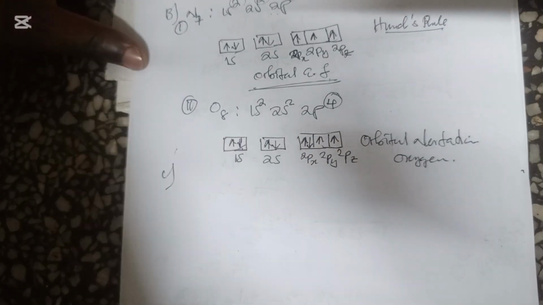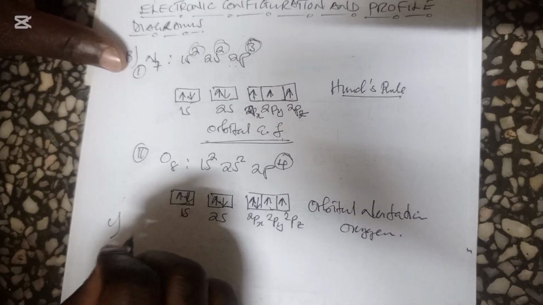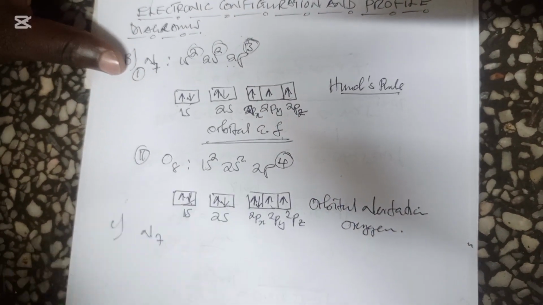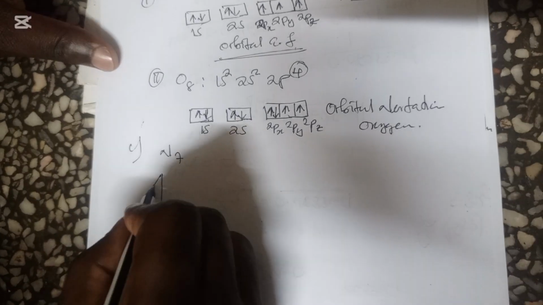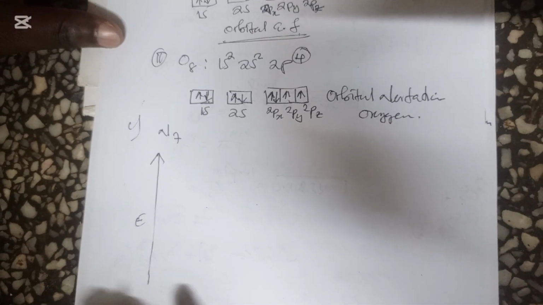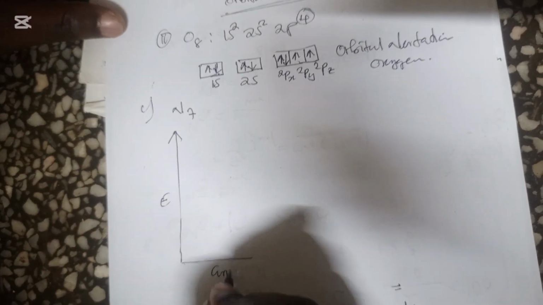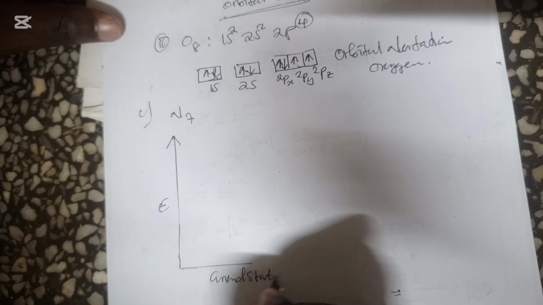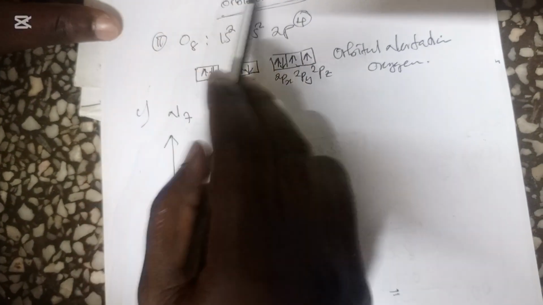When drawing the energy profile diagram for any given element, we begin by writing down the atomic number so that you're guided, and then you draw an arrow pointing upwards, then you indicate energy like this, and then down here is the ground state. Remember, we are following the same electronic configuration.